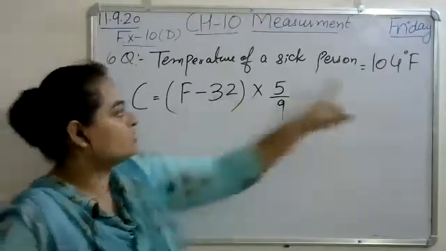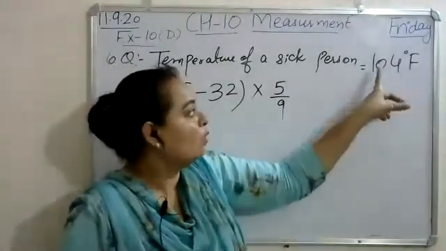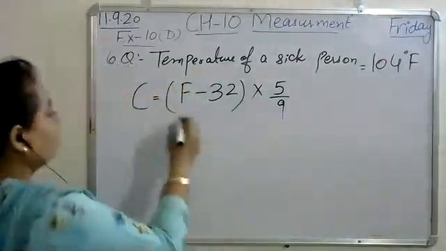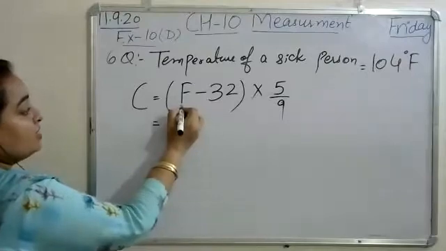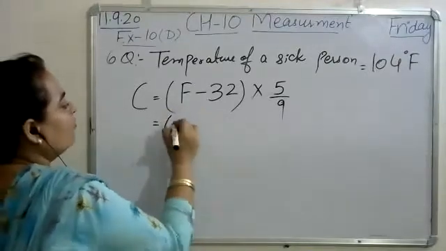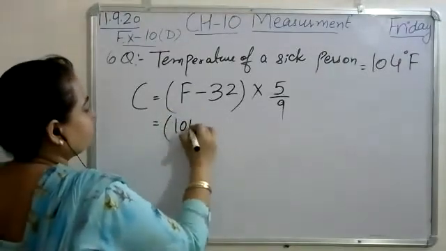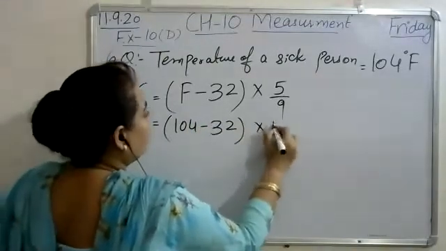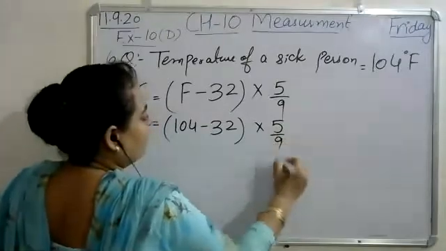So this is Fahrenheit. What is the value? 104. So in place of Fahrenheit here, you will write 104 minus 32 multiplied by 5 by 9.